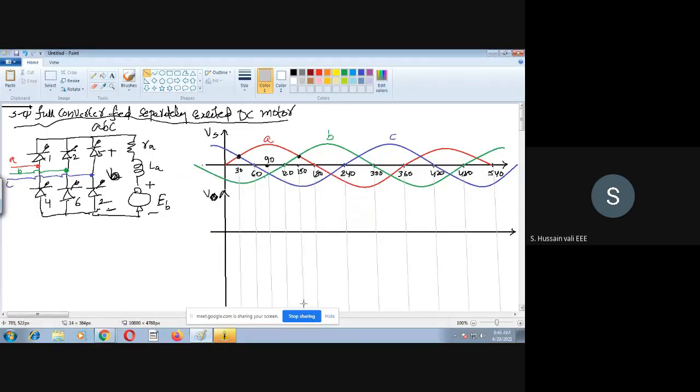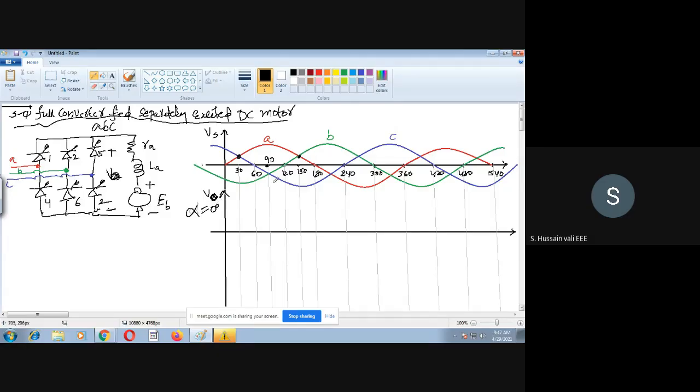Just like I explained last class, if you take from 30 to 90, what do you find out? I assume that the firing angle is 0, so alpha is equal to 0.